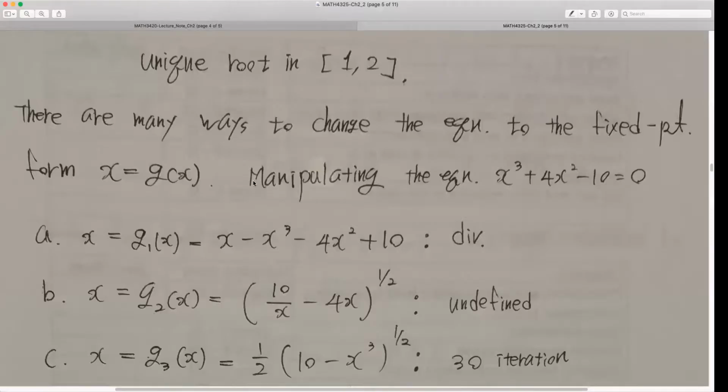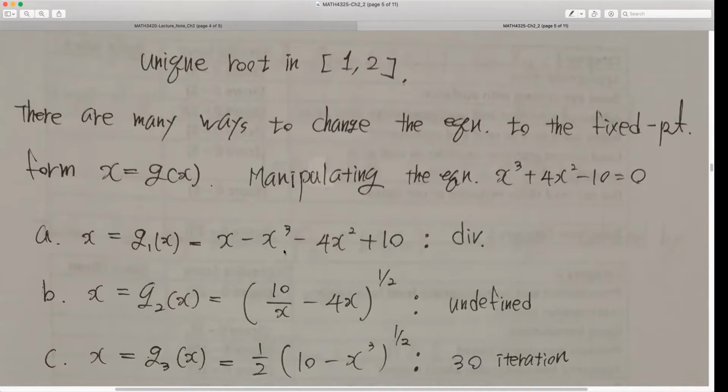All right. So first we define g1 as x minus x cubed minus 4x squared plus 10. So how can you find the g of x? The first way is to define function g like this: x minus x cubed minus 4x squared plus 10.